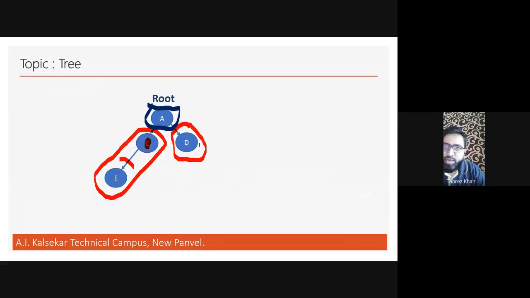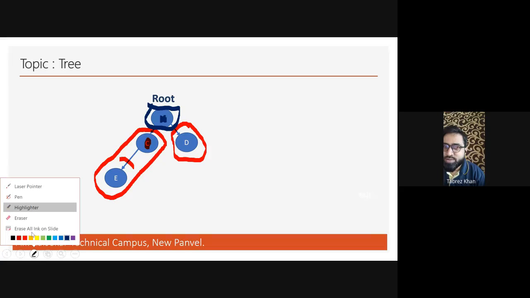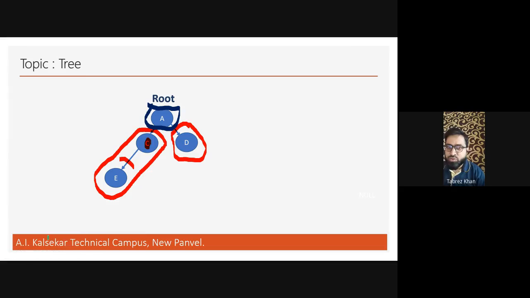So I can say that this is another subtree under A. A is my root, and under A you got two subtrees. One subtree is this one, and another subtree is this one. So this is my one subtree.